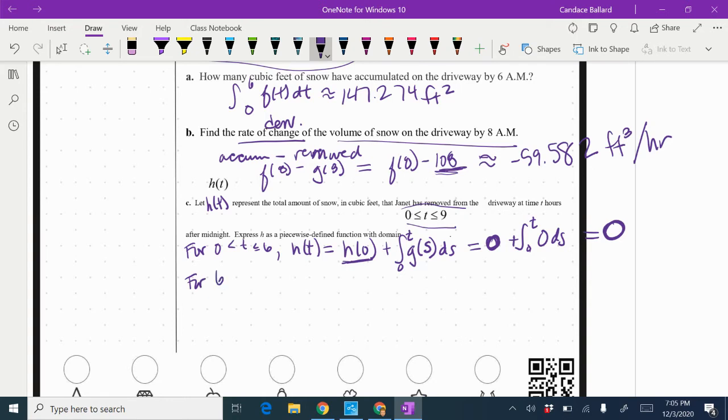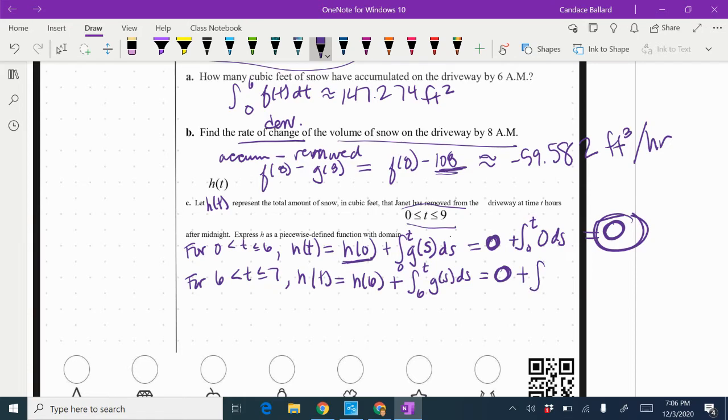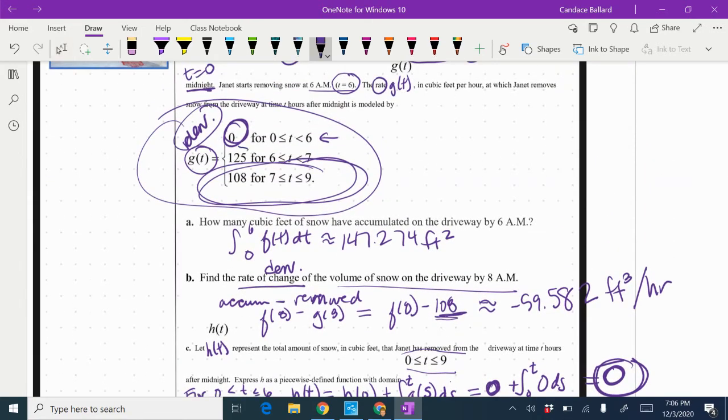So for between 6 and 7, H of T equals whatever she has removed at hour 6, plus the integral from 6 to T of G of S ds. So we know she still hasn't removed anything yet at hour 6. It's still all sitting there, and we're going to integrate whatever this value is right here.